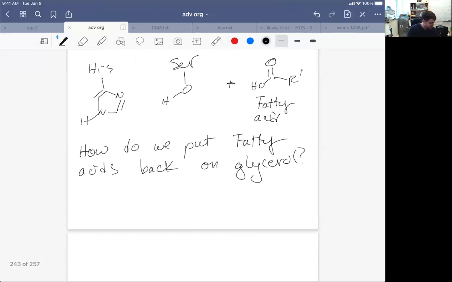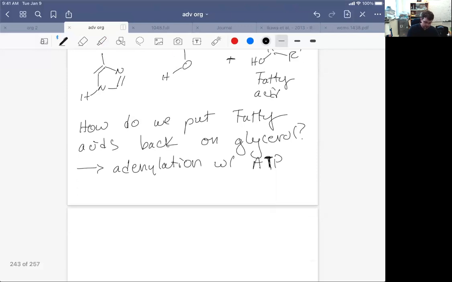This has to do with a concept called adenylation with ATP. So ATP is going to be like our energy driver for this reaction. But what we want to accomplish is we want to take our fatty acid and react it with glycerol.